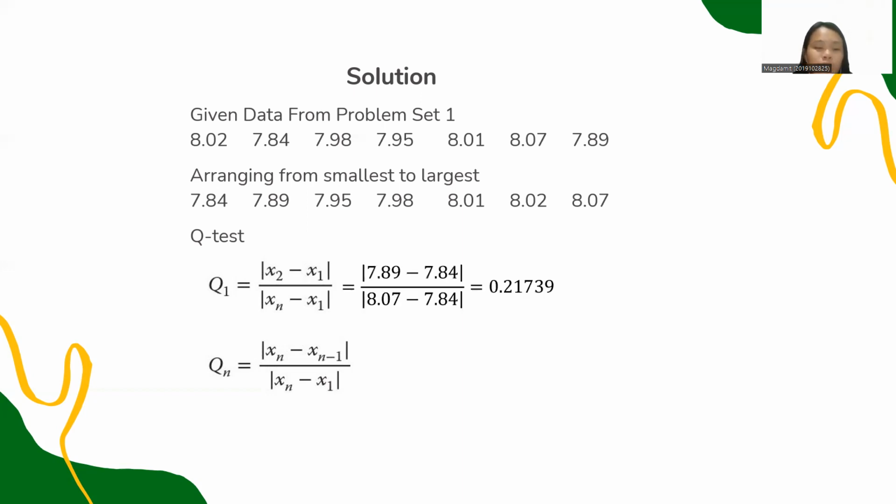So for Q1 in this data set, the second number is 7.89, while the first number is 7.84. Then our last number is 8.07. So in Q1, we obtain a value of 0.21739.